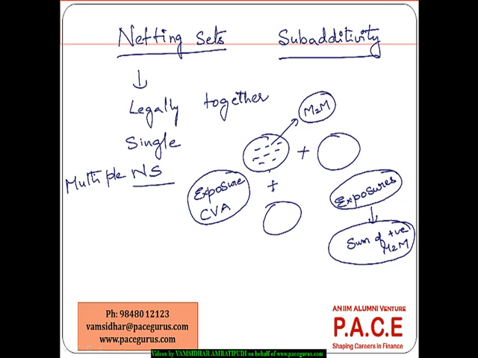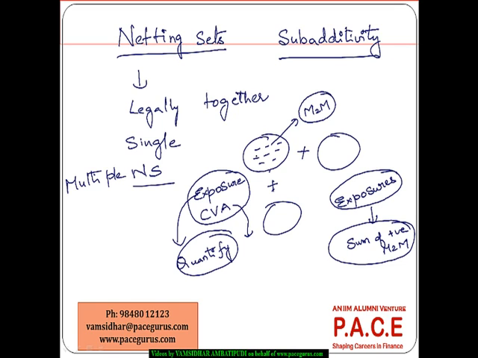But this is where the difficulty comes in. How do I quantify it? Because there is a lot of correlation and various dimensions that I have looked at internally. So how do I really quantify the exposure? How do I really quantify the CVA? That becomes more and more complex because it's not additive.